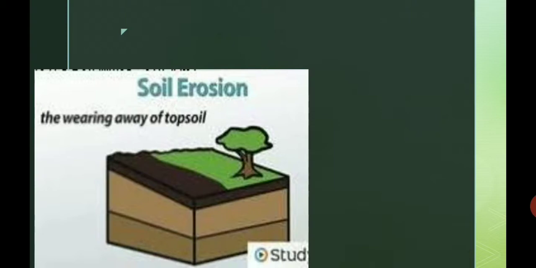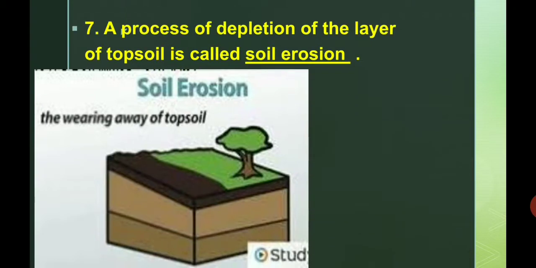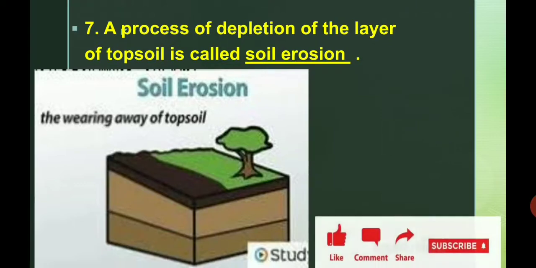Now in your question number 7, the process of depletion of the layer of topsoil is called soil erosion. In this way soil erodes, and that is known as soil erosion.